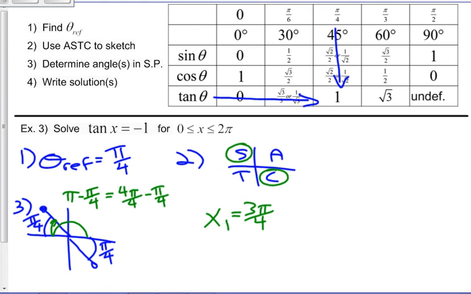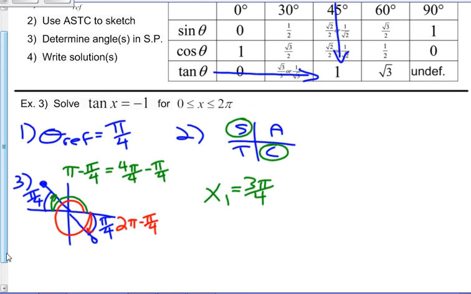Let's do the other one. It would be like a full revolution minus that pi over 4. Or 2 pi minus the pi over 4. Okay, now think of common denominator. 2 pi would turn into 8 pi over 4 minus pi over 4.